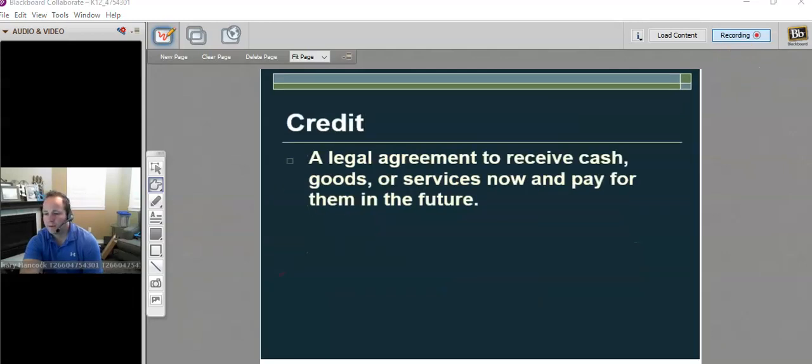So first off, credit is a legal agreement to receive cash or goods or services now and pay for them in the future. The biggest thing that you guys remember is a credit card, right? So you have this credit card or Apple Pay or something like that, where you can purchase something, you get the product, and then that company is going to require you to pay what's called interest.